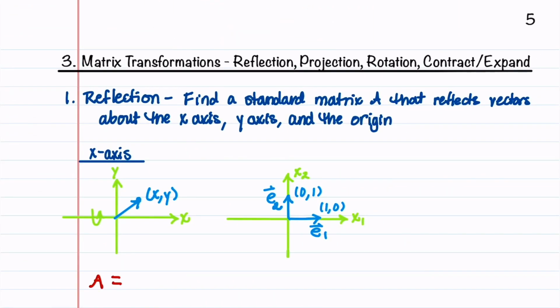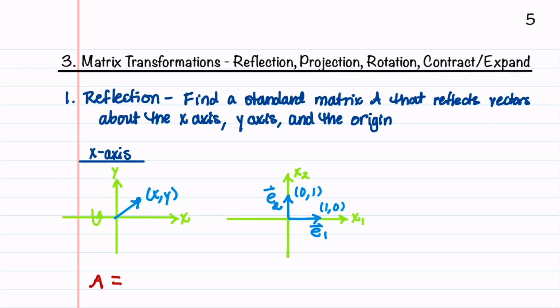The next topic in our review is matrix transformations. We'll begin with transformations that can be used to reflect vectors about the x-axis, the y-axis, and the origin. In the picture, we have a vector (x, y), and we're going to reflect it about the x-axis.